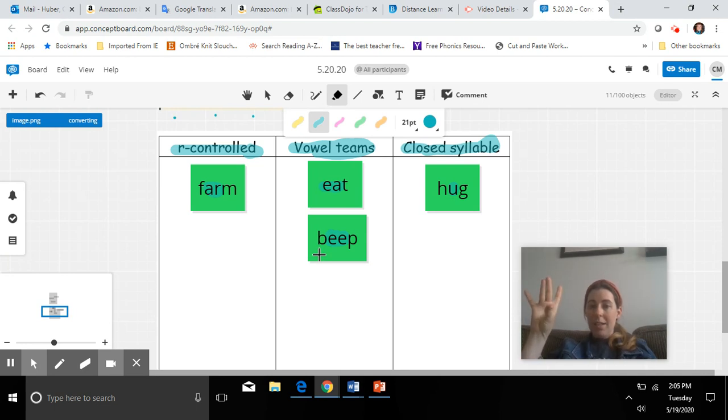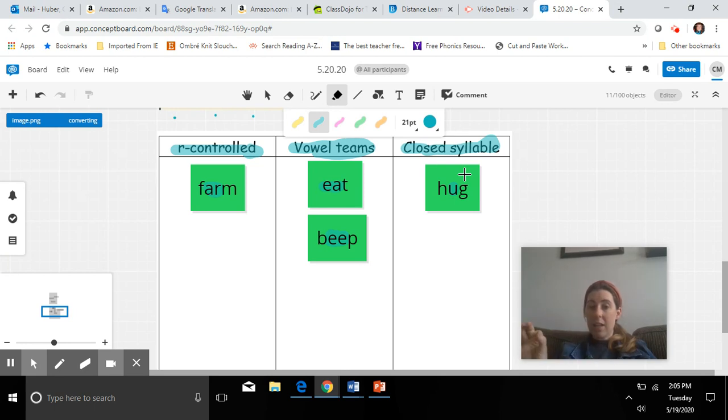B, eep, beep. Awesome job. It says beep like they beeped on the horn. Beep, beep. Let's try the last one. This is a closed syllable word, so I know my letter U is going to say its short sound, just like we learned at the beginning of first grade.